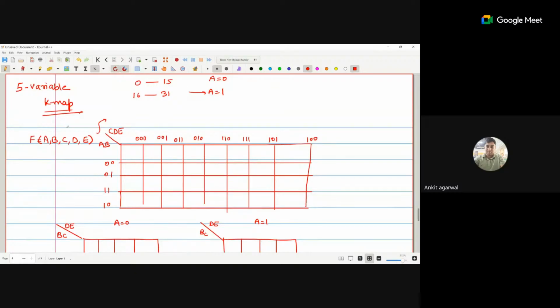The representation for 0 to 15 is 0 0 0 0 to 0 1 1 1 1, and for 16 to 31 it is 1 0 0 0 0 to 1 1 1 1 1. So the value of A is 0 in one and 1 in the other.